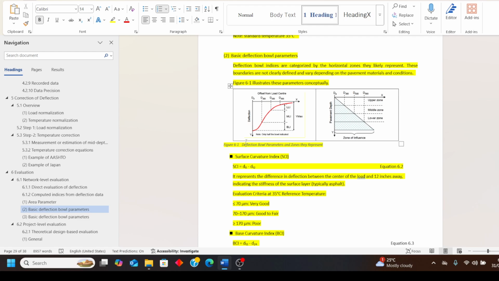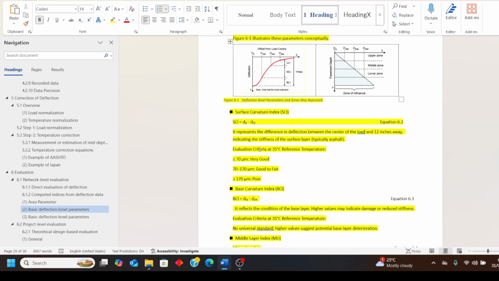And then we have the BDI, the base damage index, and BCI, the base curvature index. So these indices are directly derived from the basin, rather than being used for the back calculations.